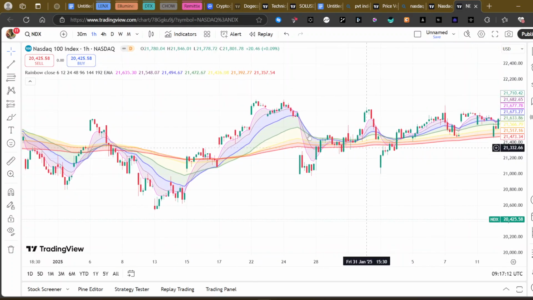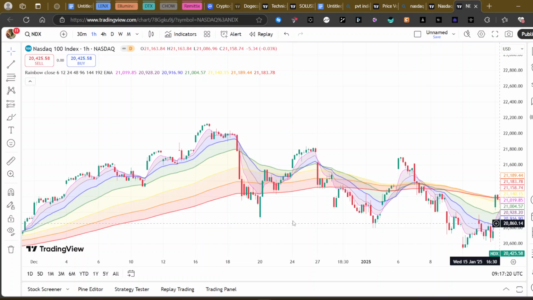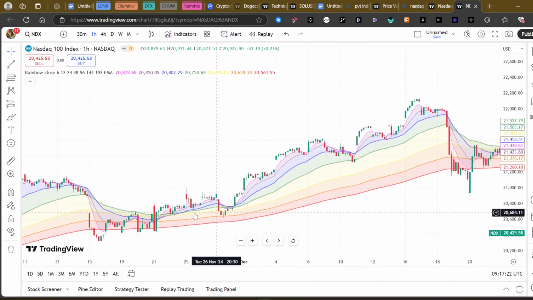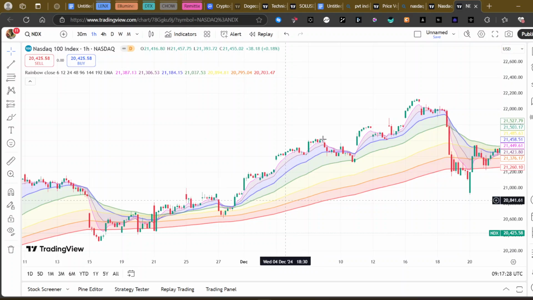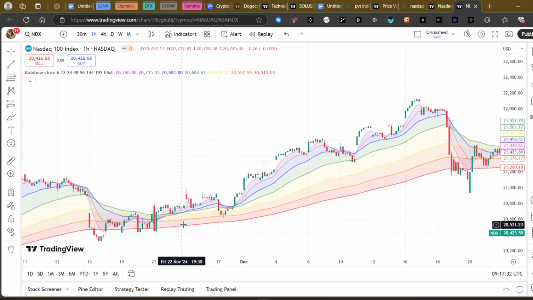When you have the shorter term moving averages at the top and the longer term at the bottom, it shows a strong uptrend. Let's use this as an example because this one is flowing better, there is more spacing within the moving averages. We can see that the shorter term moving averages were on top and the longer term moving averages were at the bottom, showing a smooth flow in the trend.